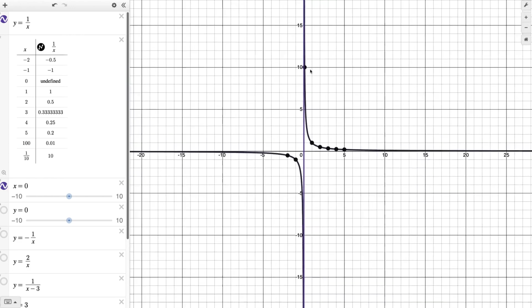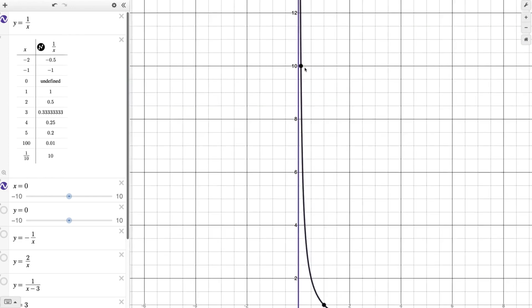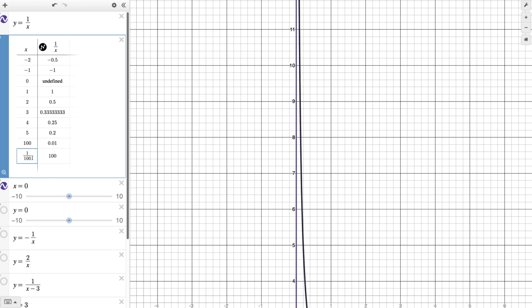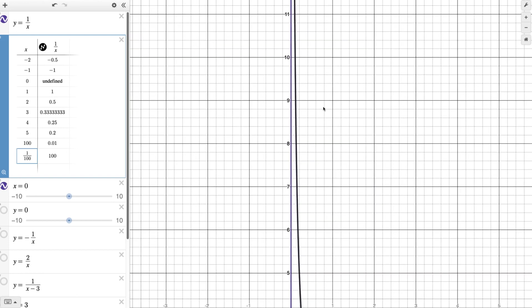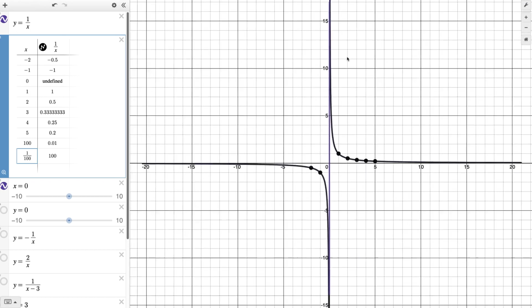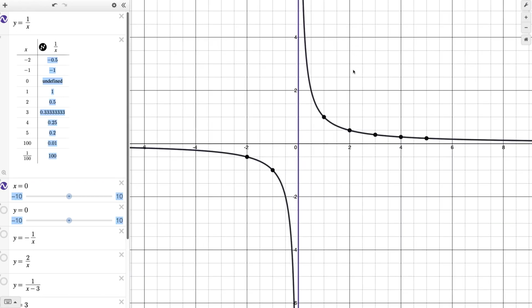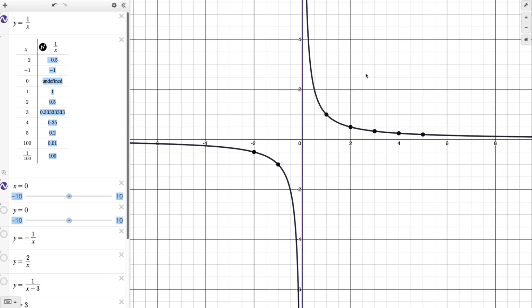So the actual point here would end up being all the way up here. I'm getting a large value of y as x approaches 0 from the positive side. What if it's instead 1/100th? Then the value of y is actually 100. So that's way up there on my scale, okay? I'm not going to bother actually zooming out to get that particular point. But you can see what's happening here. As x approaches 0 from the positive side, the reciprocals, the y values, are approaching positive infinity.